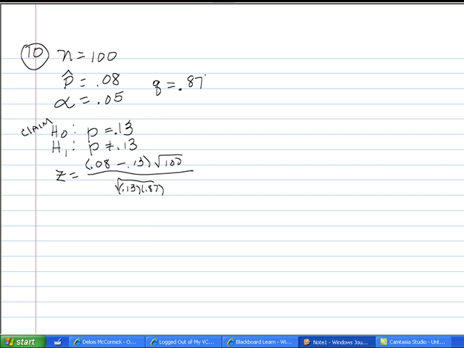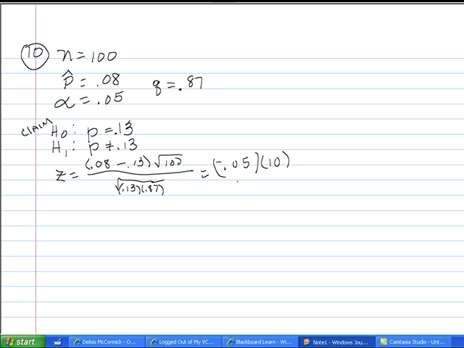Okay, so let's see what we get. Oops, I gotta grab my calculator. Okay, we're going to have negative 0.05 times 10 over the square root.